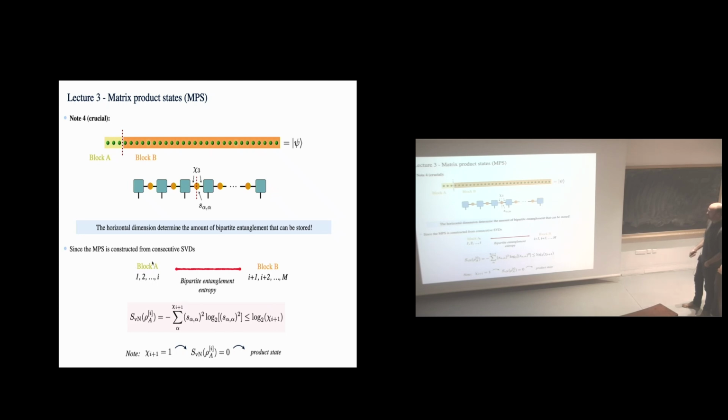So if I split my system into a block A, where I have all the sides from 1 to side i, and then a block B, where I have all the sides i plus 2 up to M, here the example is i equals 3.